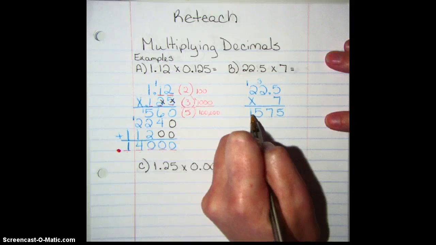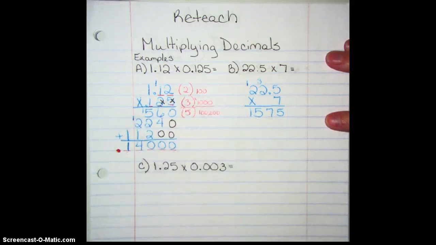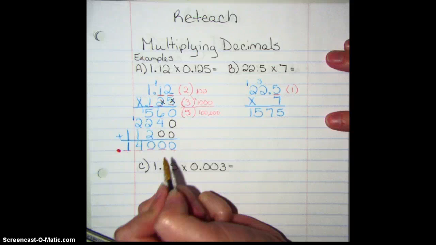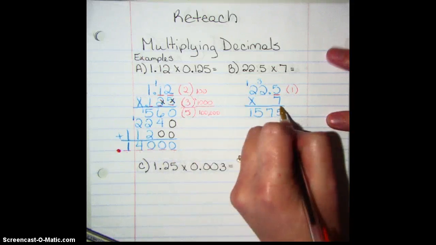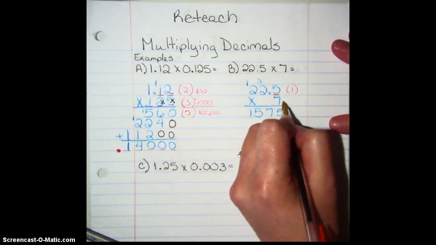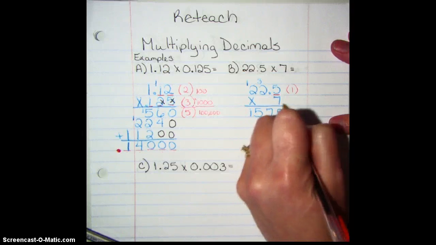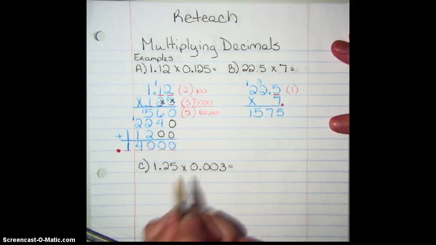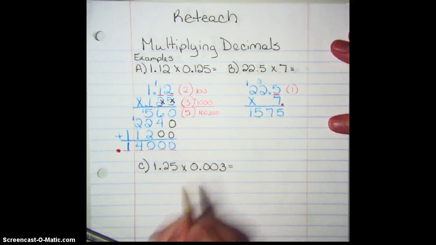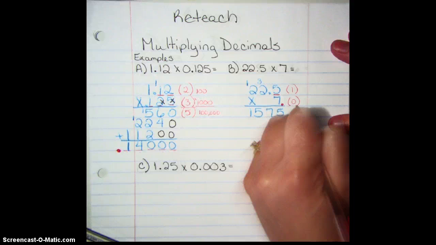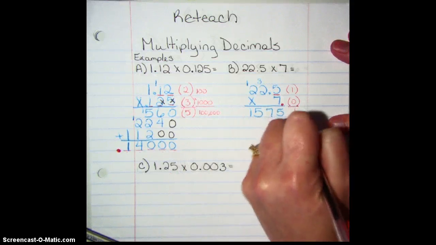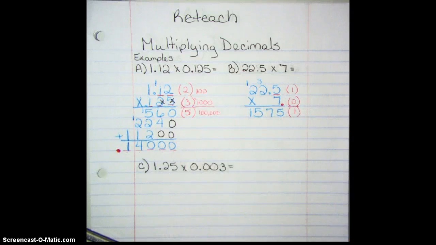But I need to put in my decimal point. So I'm going to count the amount of numbers I have after the decimal. I have 1 here, that's the tenths place. And then I look at my whole number of 7 and I say, okay, there's no decimal. But anytime you have a whole number and you want to put a decimal in, you put it at the end. I still don't have any numbers after that decimal point. So 0 numbers after the decimal point plus 1 means that my answer is going to have 1 number after the decimal.